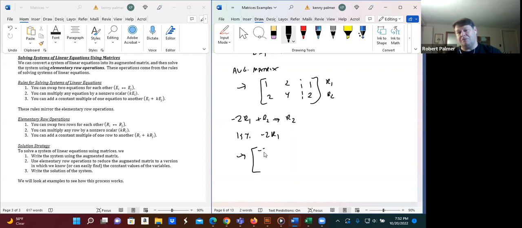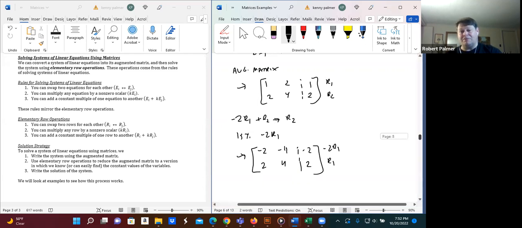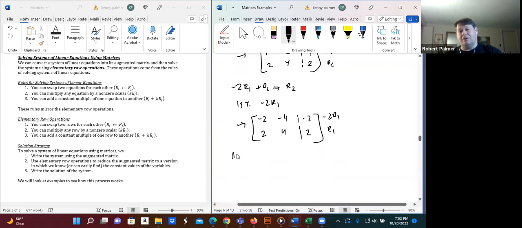That's going to have -2, -4, and -2. My second row is the same for now, 2, 4, and 2. Now I add them together and make that my new row 2. So -2 row 1 plus row 2 becomes my new row 2.